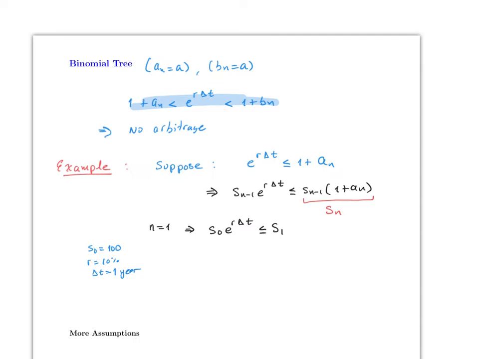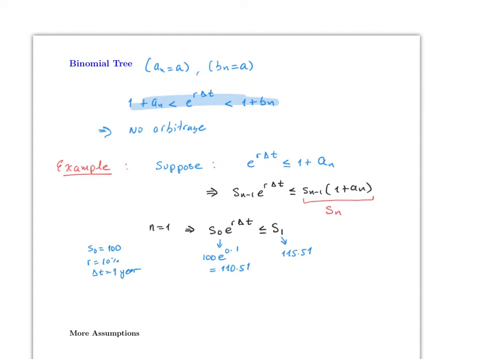If we calculate this part, this will be 100 e to the 0.1, which is 110.51. Let's say that the value of S1 is equal to 115.51, which again, I'm just making this number up, but it has to be more than this one. So it could be any number that is bigger than or equal to this one.